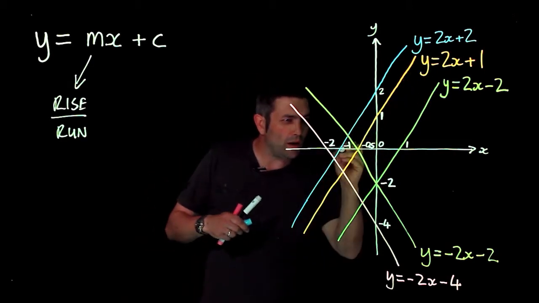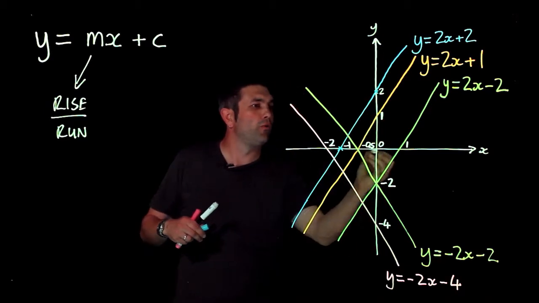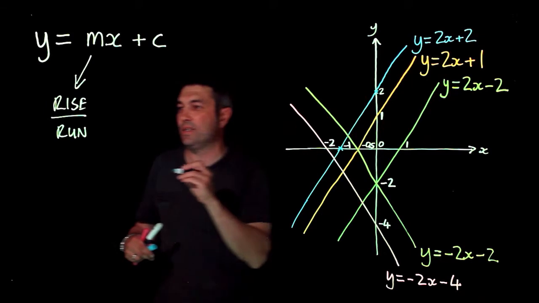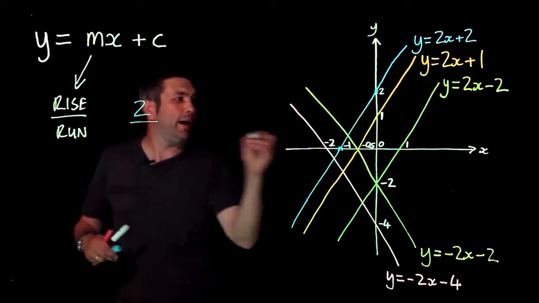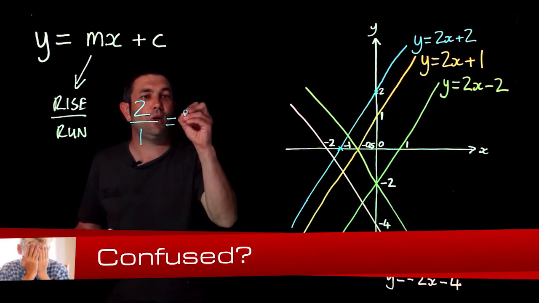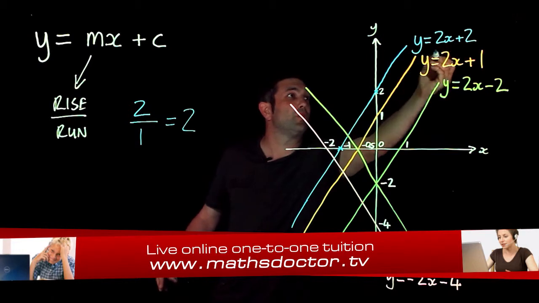So it cuts here at -1 and it cuts here at 2. So from 0, I've got my triangle here. It rises by 2 and goes along from -1 up to 0 by 1. So there you go. So the rise over the run is 2 for that one, and I've got 2x.